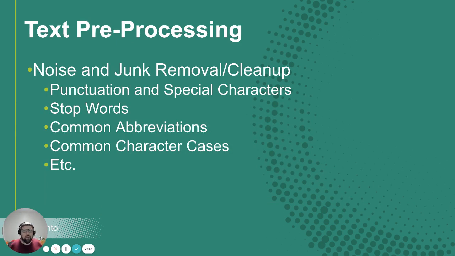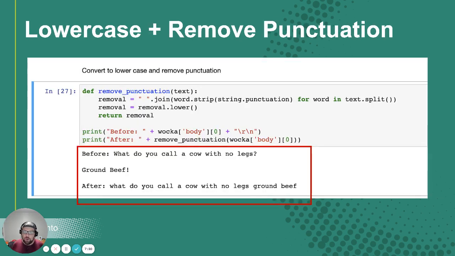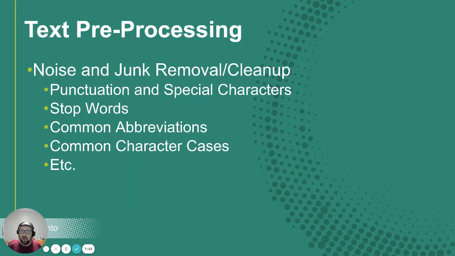And other text preprocessing concepts. There's preprocessing that's oriented around noise and junk removal or cleanup. So that's doing things like removing punctuation and special characters that make things a little bit more confusing for analysis, removing things like stop words that sometimes add a lot more processing power to the work we're doing without much contextual meaning.